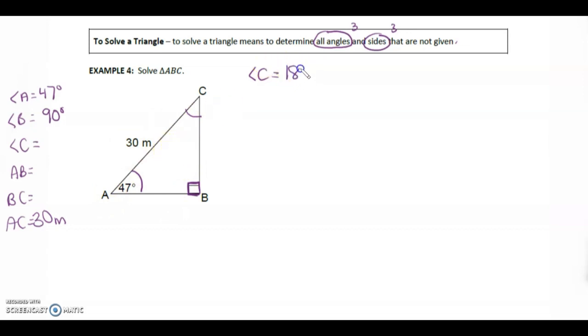So if we took 180 degrees and we subtracted 47 and we subtracted 90 degrees, we're going to get 43 degrees. So angle C is 43 degrees. These will add up to 180.